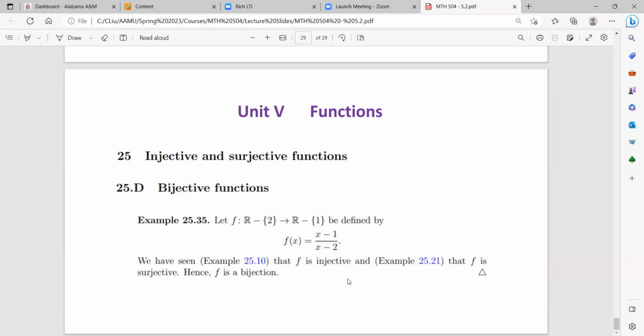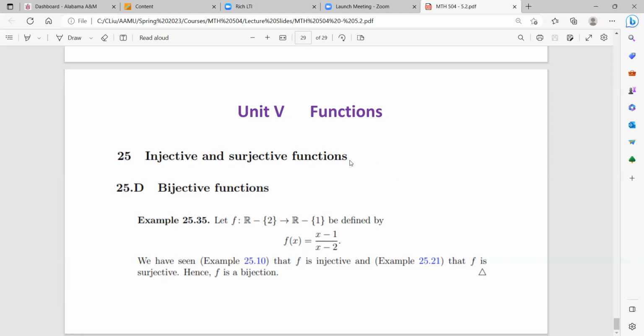Sometimes it might be easy to prove a function is a bijection. Sometimes maybe not so easy. It may not be hard, but it could be tedious, like in this example. But if you draw the graph, then it's much simpler to check the function.